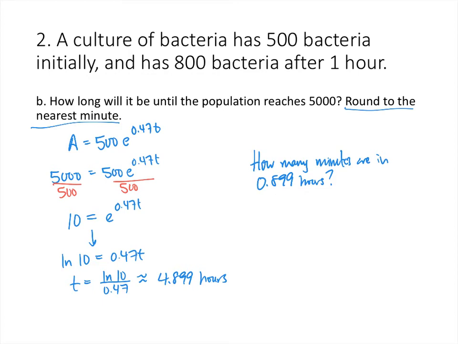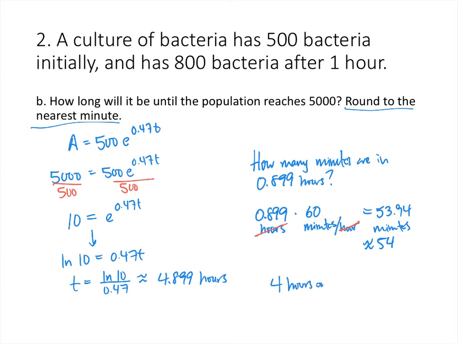We multiply 0.899 by 60, because 0.899 is a number of hours and there are 60 minutes per hour. The units of hours cancel out, and we get 53.94 minutes. That rounds to 54 minutes, so the population will reach 5,000 in 4 hours and 54 minutes.